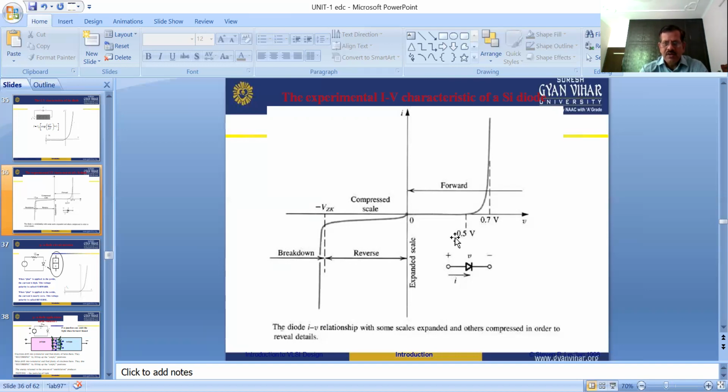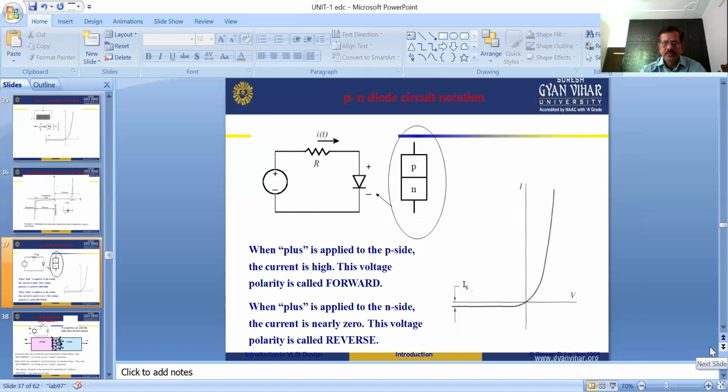We can represent the diode by a symbol with a positive terminal and a negative terminal. The positive terminal is the anode and the negative terminal is the cathode. This is the symbolic representation of the PN junction diode. This is the circuit diagram of the PN junction diode.